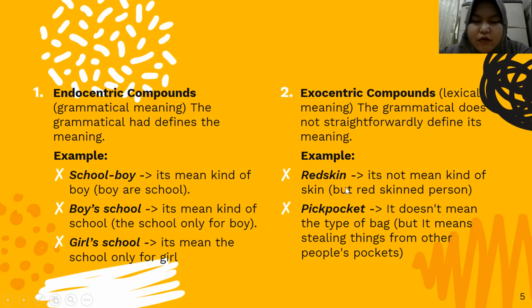As you can see from the example of exocentric, pickpocket doesn't mean a kind of pocket, but it means stealing things from other people's pockets. But if you see endocentric compounds, this is using the real meaning. Example is boys' school. It means a kind of school, but a school only for boys. Okay, I understand here. Okay, next.